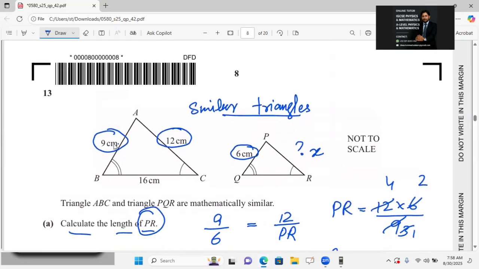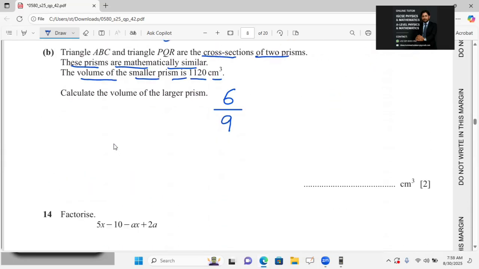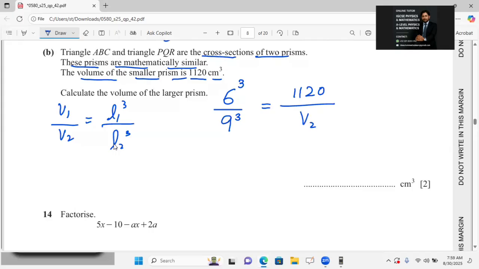If you observe here, this is 9, this is 6. And for volume, we know the formula of the ratio is V1 over V2 is equal to L1 cube over L2 cube. Here I am saying 6 cube over 9 cube is equal to the smaller volume, that is 1120, over V2, let's suppose for the larger one.